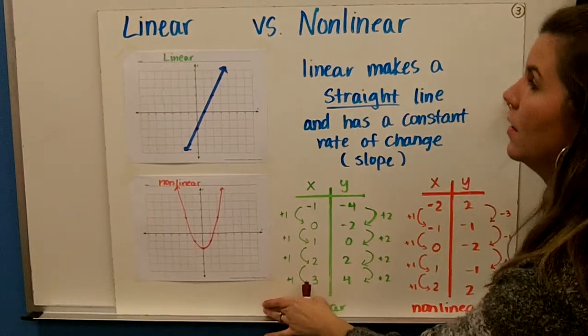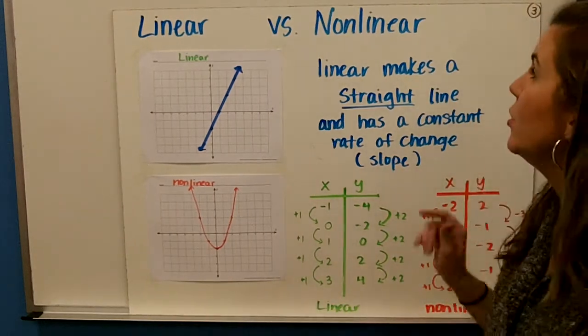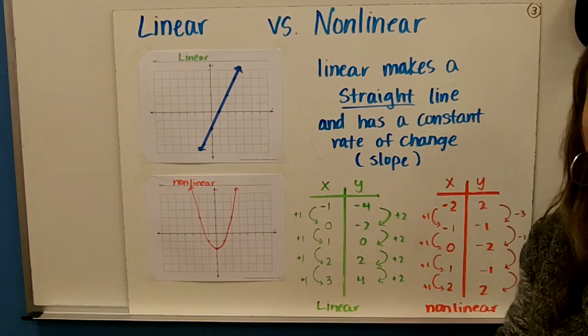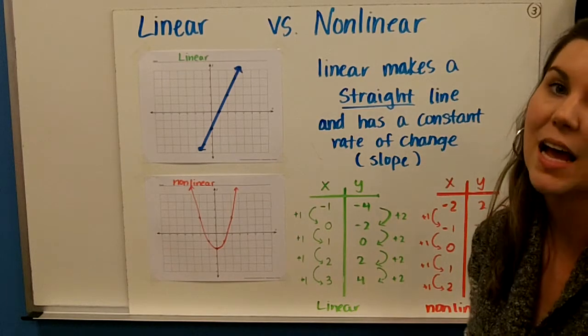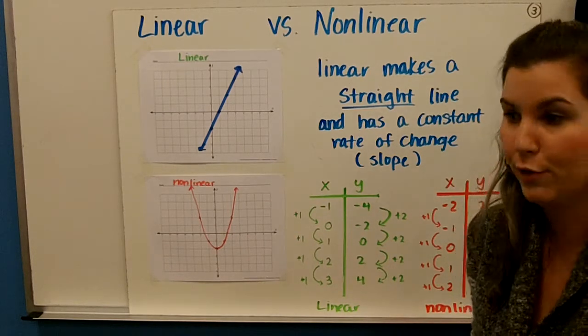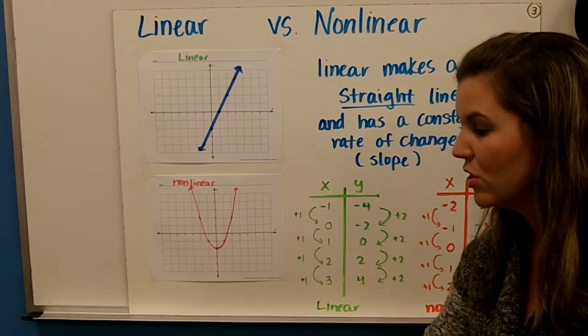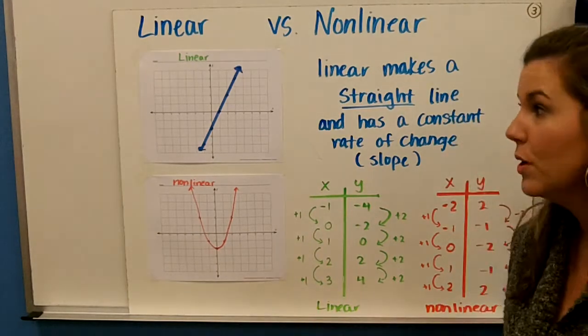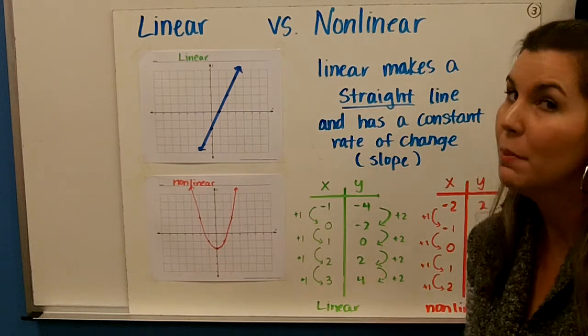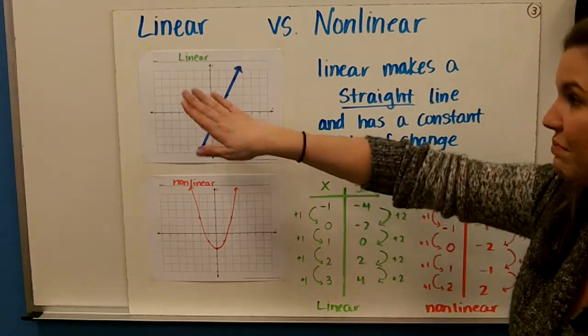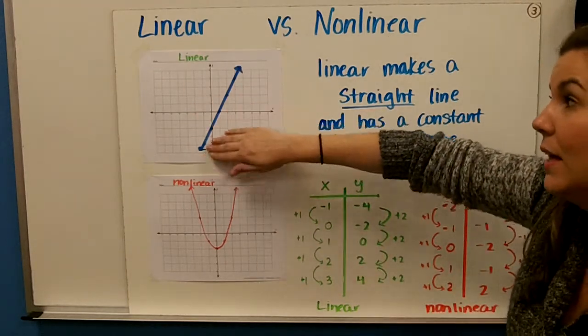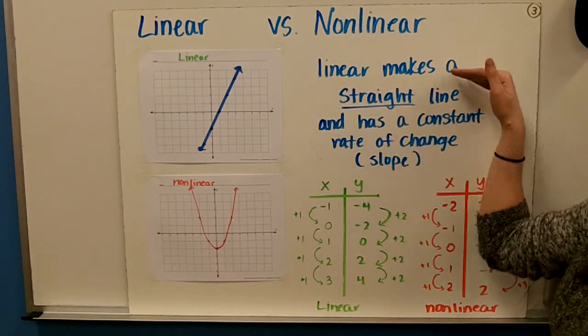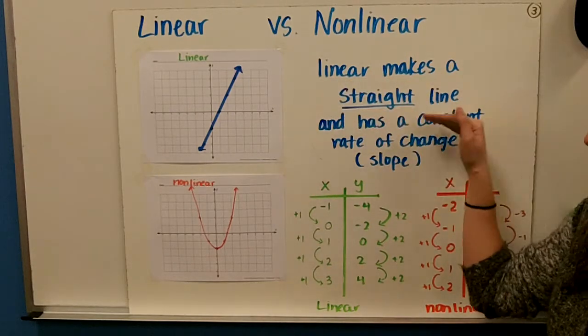And linear versus nonlinear. So just because something is a function does not make it necessarily a linear function. The last example you saw two graphs that were functions, but both of them are not linear. So here I have a linear function. By definition, a linear function makes a straight line.